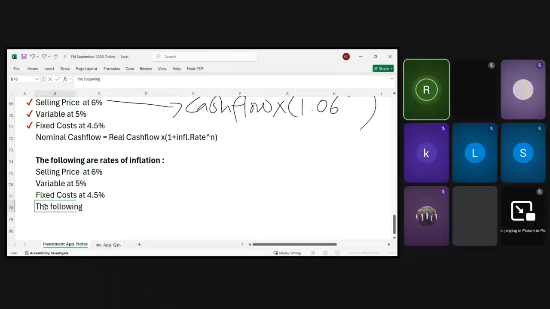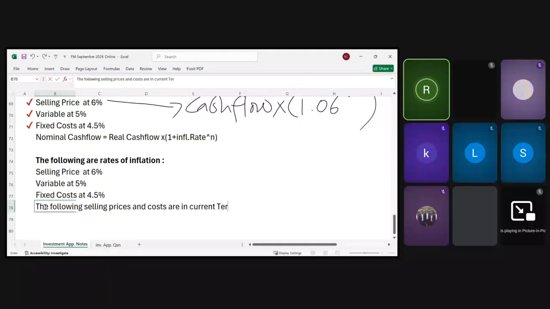The following selling prices and costs in current terms.